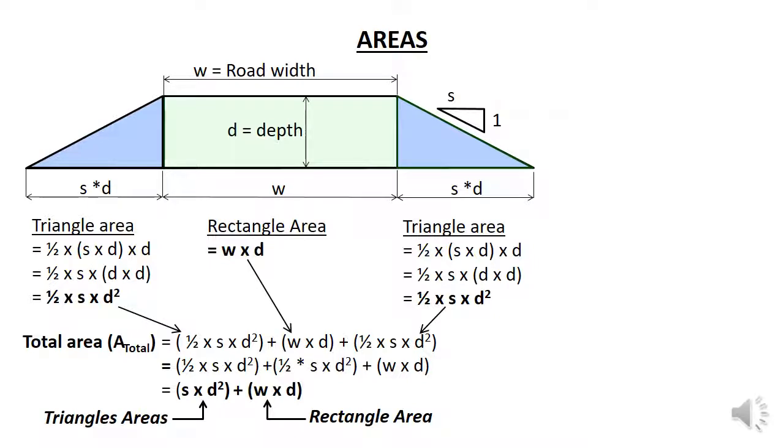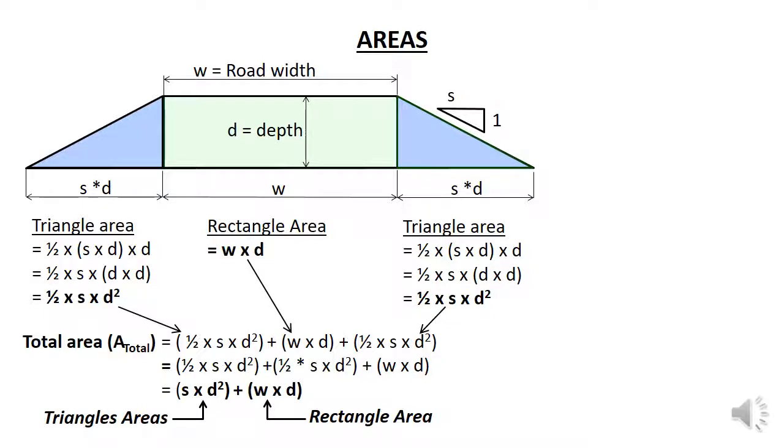We need to define the variables. That is the numbers we use to get the area. And rather than saying road width all the time or side slope, all that sort of business, let's just use letters. That makes it easier to write it all down. So let's say that the letter W represents the road width.